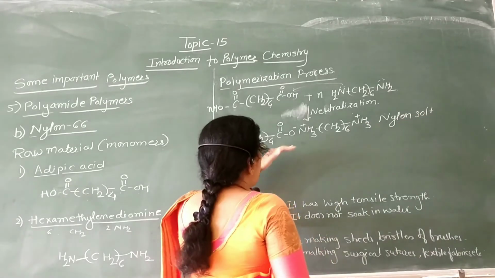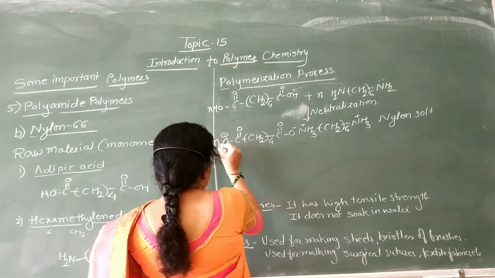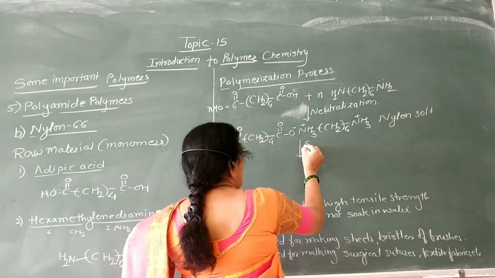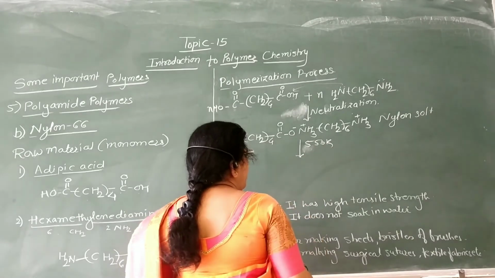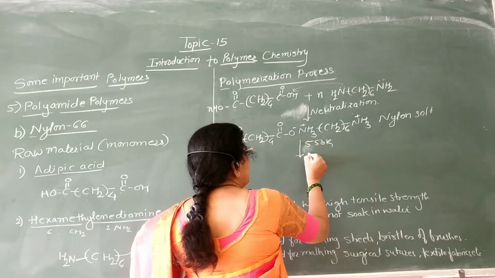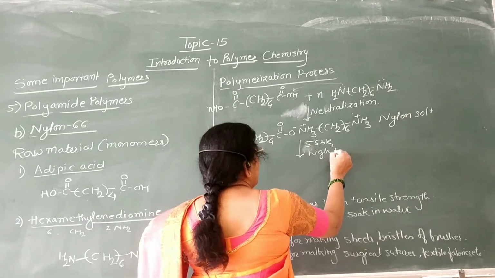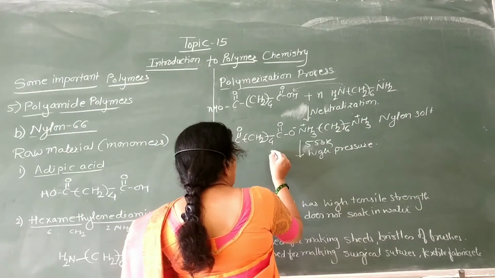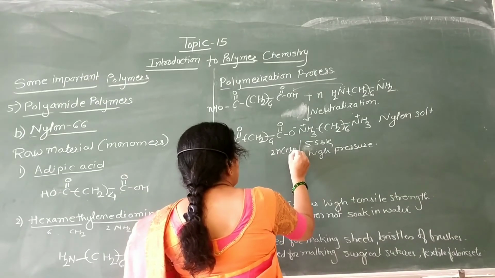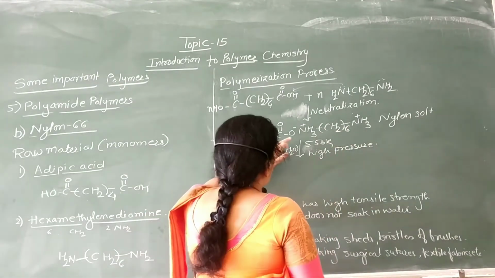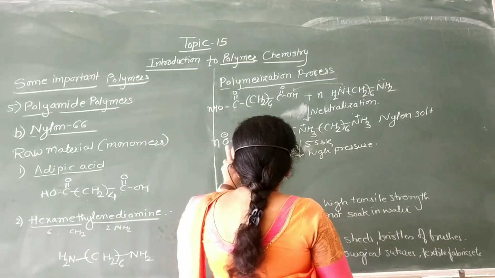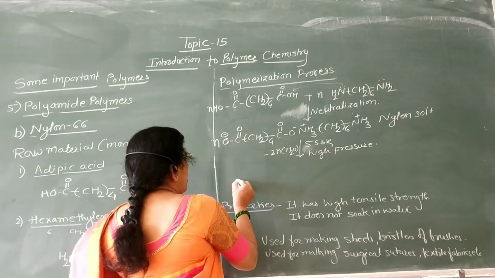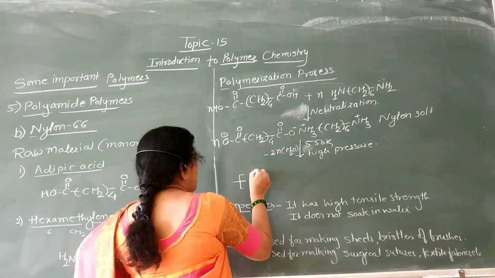Now n numbers of these nylon salts undergo polymerization. This polymerization process is carried out at high temperature, that is 553 Kelvin, under high pressure. Then removal of 2n molecules of H2O takes place, that is, from one nylon salt this H2O is removed, and from here this H2O is removed, to form nylon 6,6 polymer.